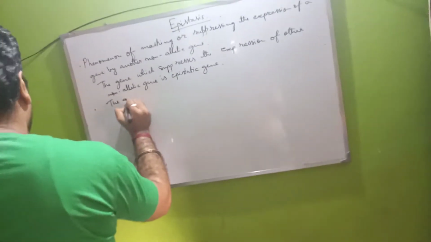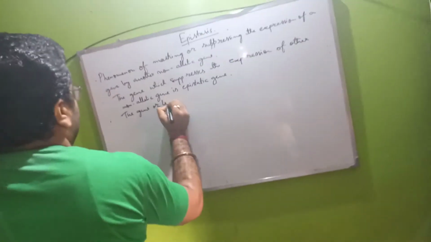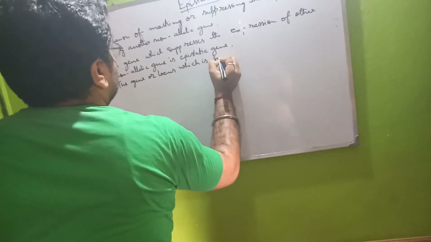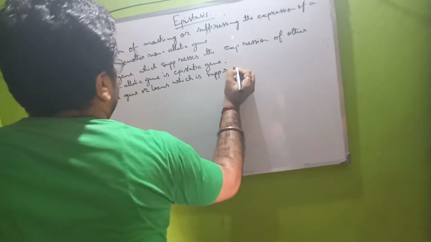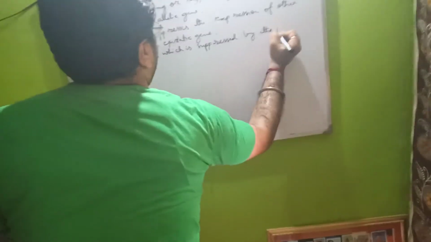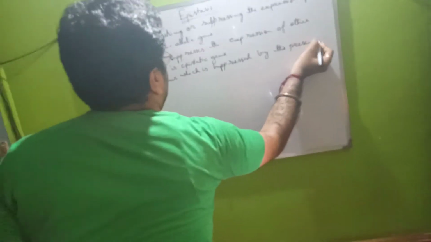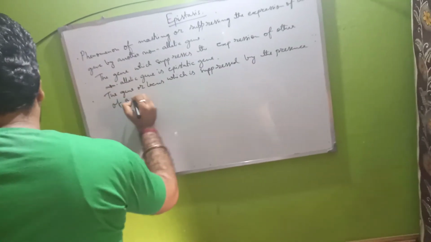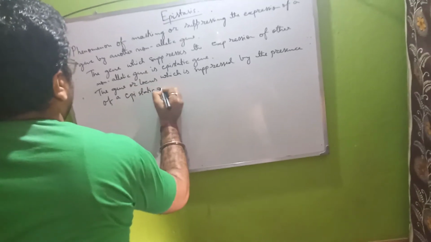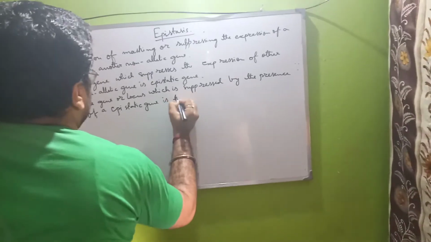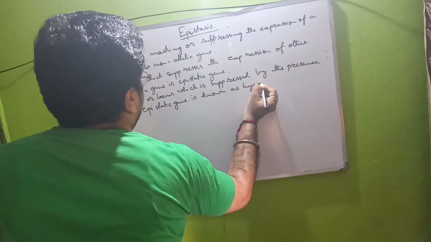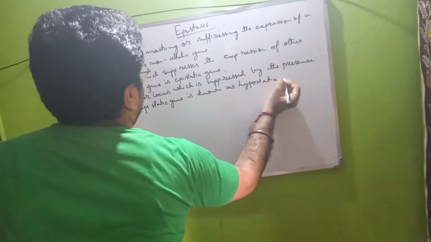The gene or locus which is suppressed by the presence of the epistatic gene is known as the hypostatic gene.